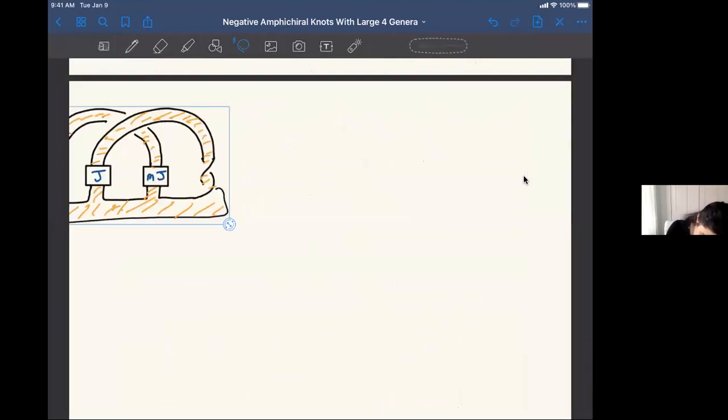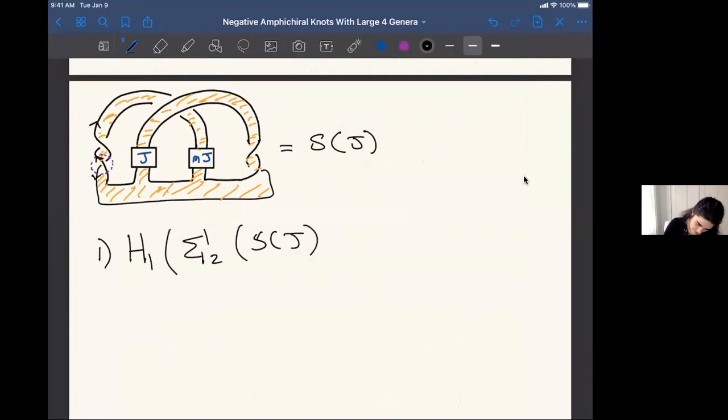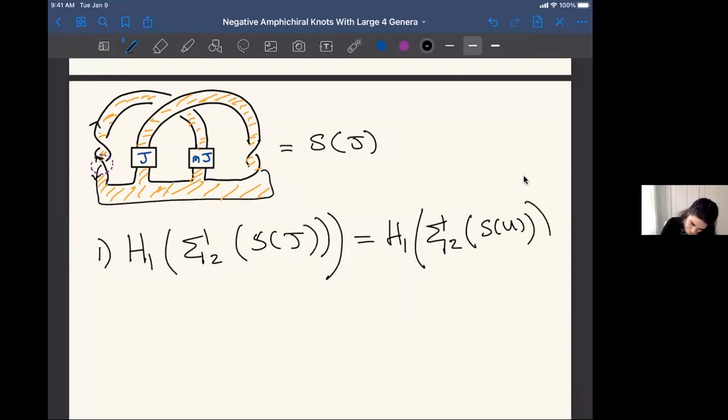So remember that this is our S_J. Here are some facts for you, and these are the key facts that we really need. The first one is that the first homology of the double branched cover of S_J equals the first homology of the double branched cover of S_U.